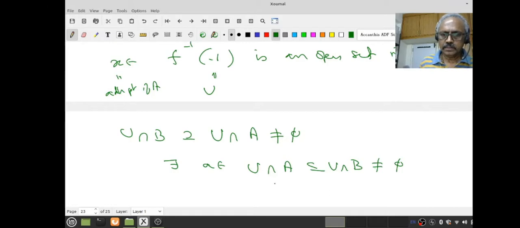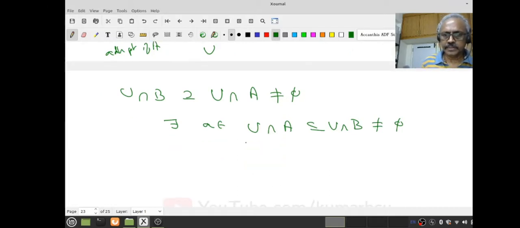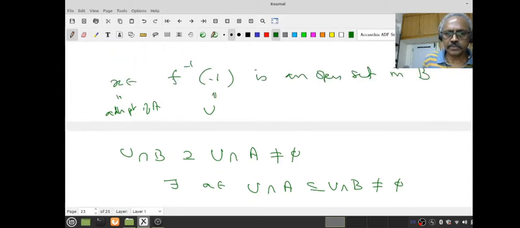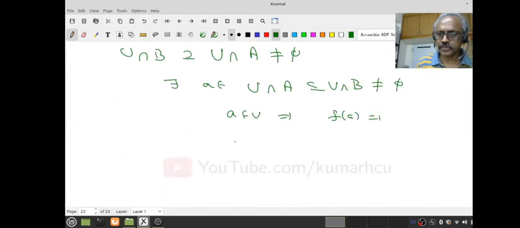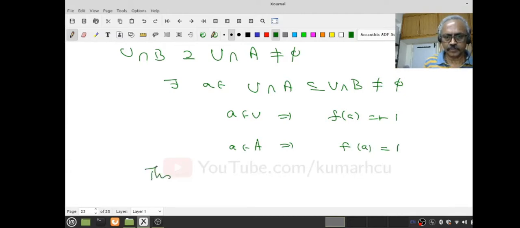But a belongs to U, that implies f of a is minus 1. When does a belong to U? If and only if f of a is minus 1. But a belongs to A, that implies f of a is plus 1. So this is a contradiction.